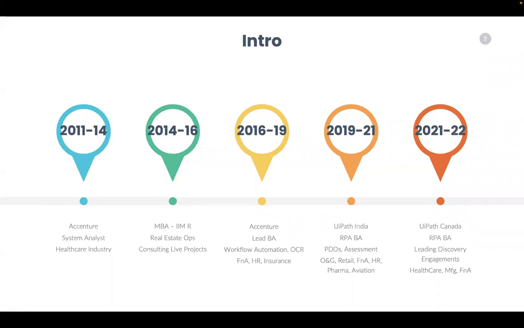Earlier, I was part of UiPath India, and now I'm purely doing the discovery and consulting side of UiPath automation, where I build the automation roadmap for clients, what they would achieve in the next 6 months or next 1 year. So I make the roadmap by assessing their areas like finance, HR, IT, supply chain. That's the work that I do right now in my role.